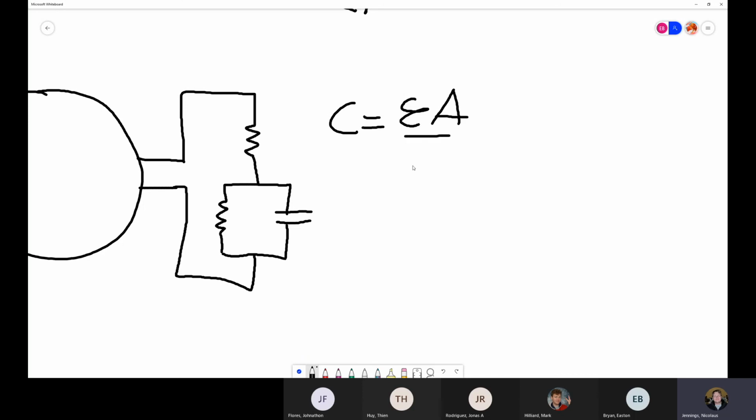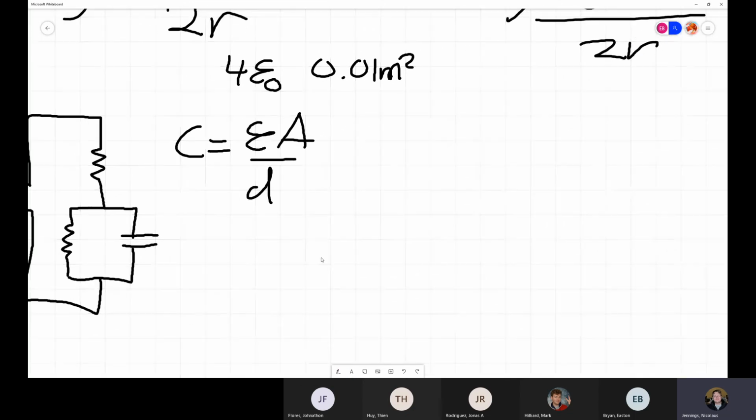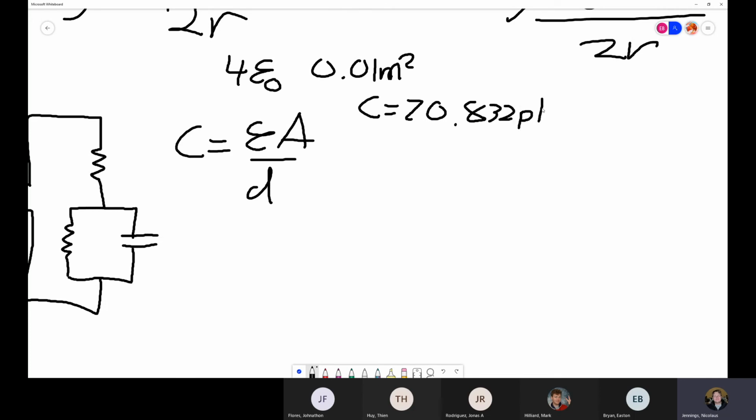Epsilon A over d, where d is the distance between the plates. This epsilon is basically 4 epsilon naught. The area told us, I think, was 0.01 meters squared. We then find out that the capacitance, I believe, is C equals 70.832 picofarads.